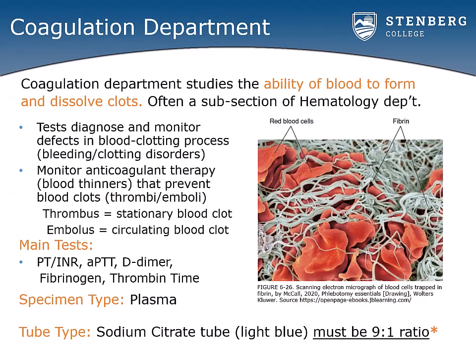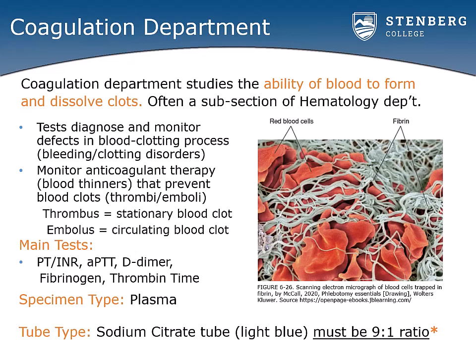The coagulation department is usually a subsection of hematology and studies the ability of blood to form and dissolve clots. Tests in this department are used to diagnose and monitor defects in the hemostatic or blood clotting mechanism, such as bleeding and clotting disorders.